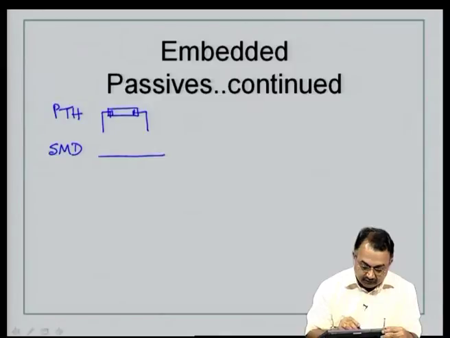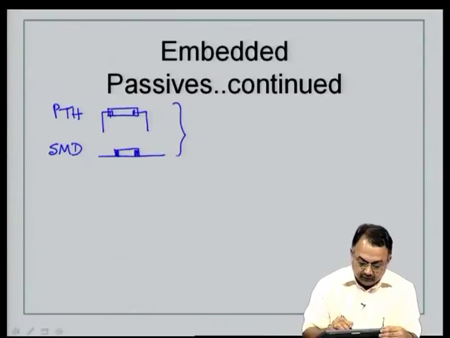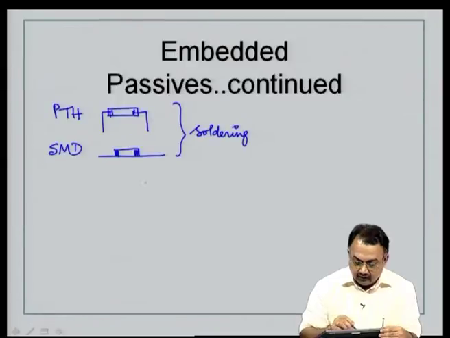Typically, if you have the surface of the board here, then you will have these passive devices mounted on the surface of the board. So, the soldering methodologies for plated through hole components and surface mount devices are different. We have seen that. So, the issue is soldering problems and reliability issues associated with each of these technologies.